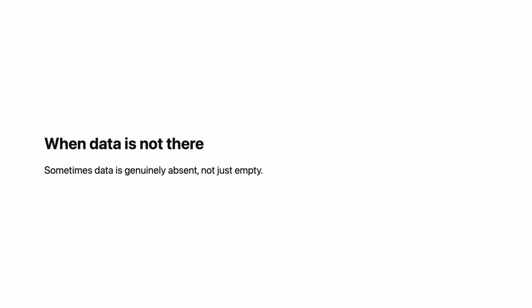This is what null represents. Null is a special value that means no value or absence of value. It is not zero. Zero is a number. Null is not a number at all. It is not an empty string. An empty string is a string with no characters. Null is not a string at all. It is not false.